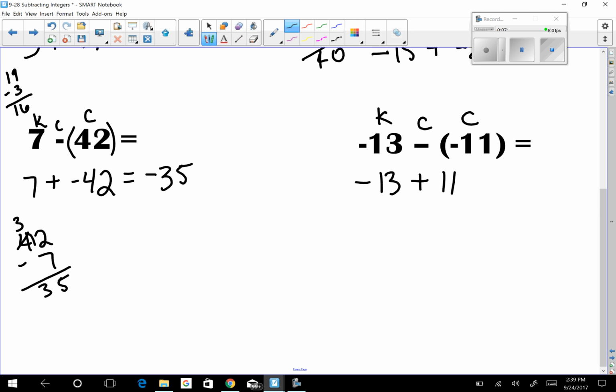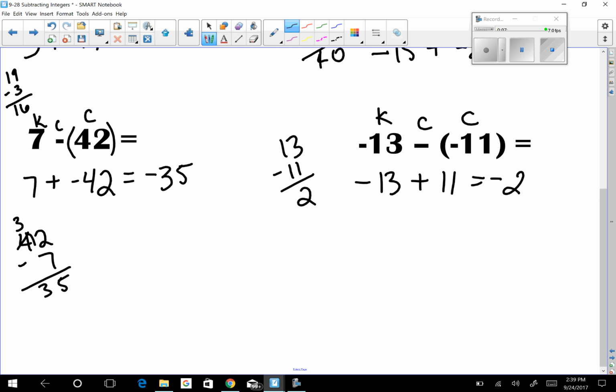So now we follow our rules for adding integers. This is negative, that's positive. They have different signs, so we have to take their difference. 13 minus 11 gives you 2. And it's going to be a negative 2 because your negative number has the bigger value. Okay, so you should be able to see the pattern by now.